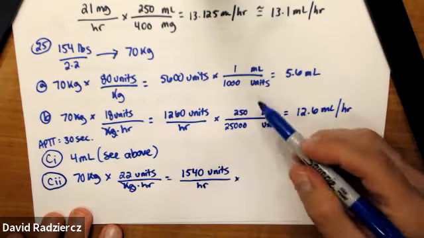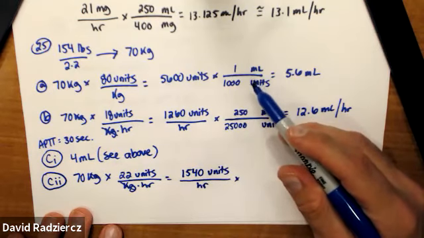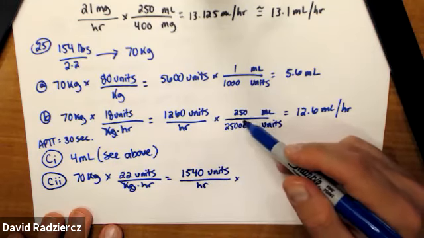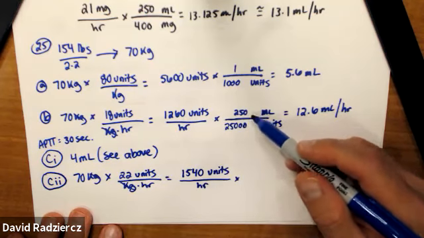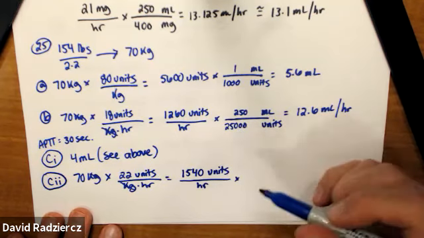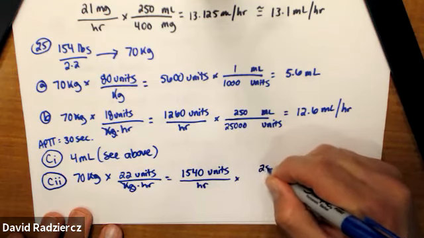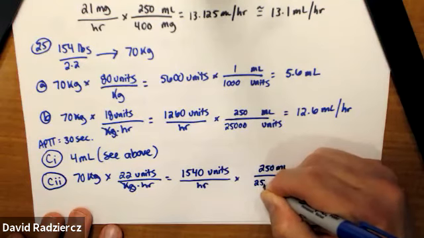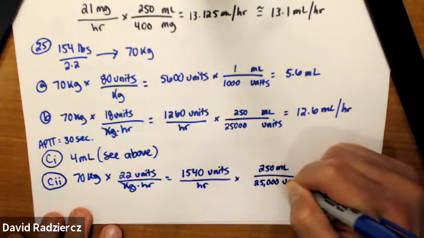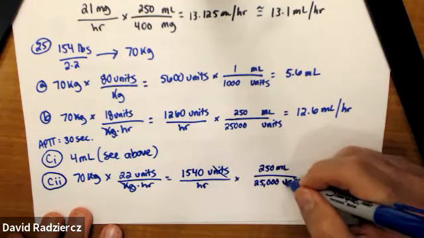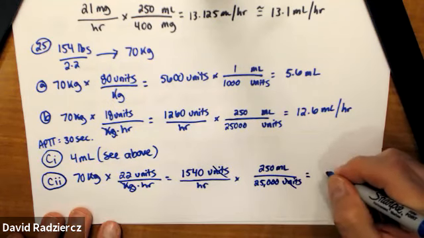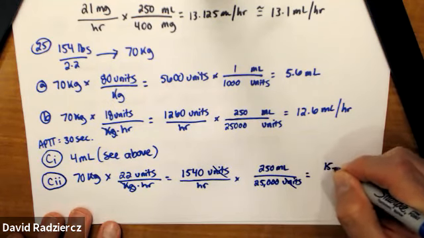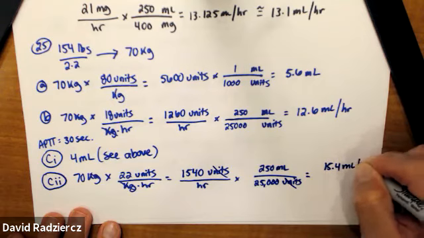Again, we're not going to use the bolus dosage strength. We're going to use the IV strength, which is the 250 milliliter half normal saline to 25,000 units. So 250 mL over 25,000 units. Can we set that up right? And we'll get 15.4 milliliters per hour.